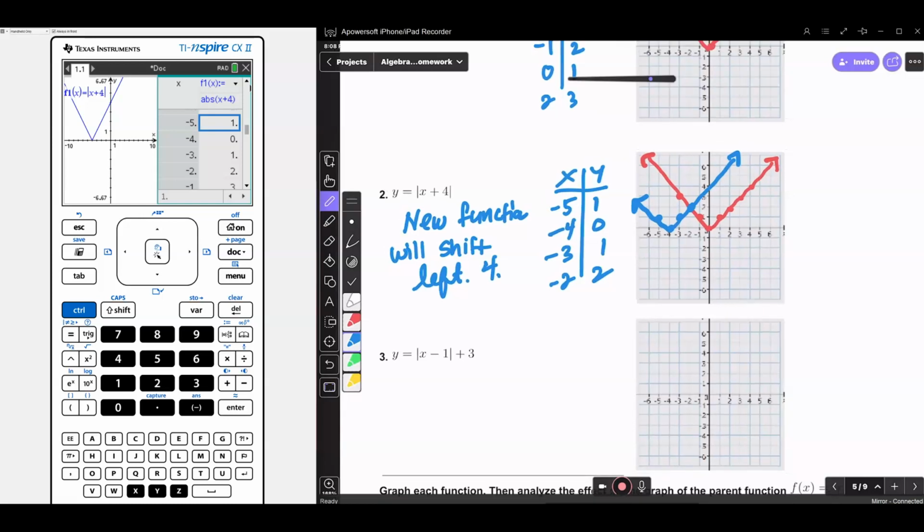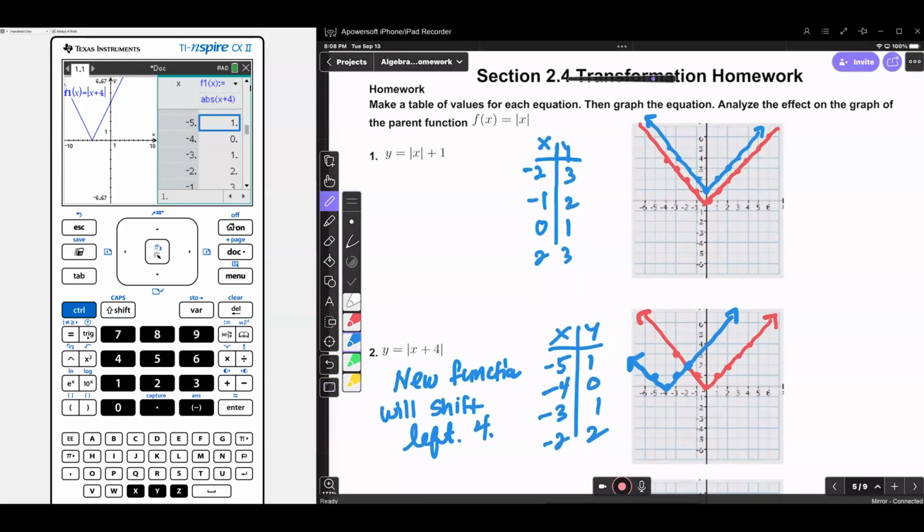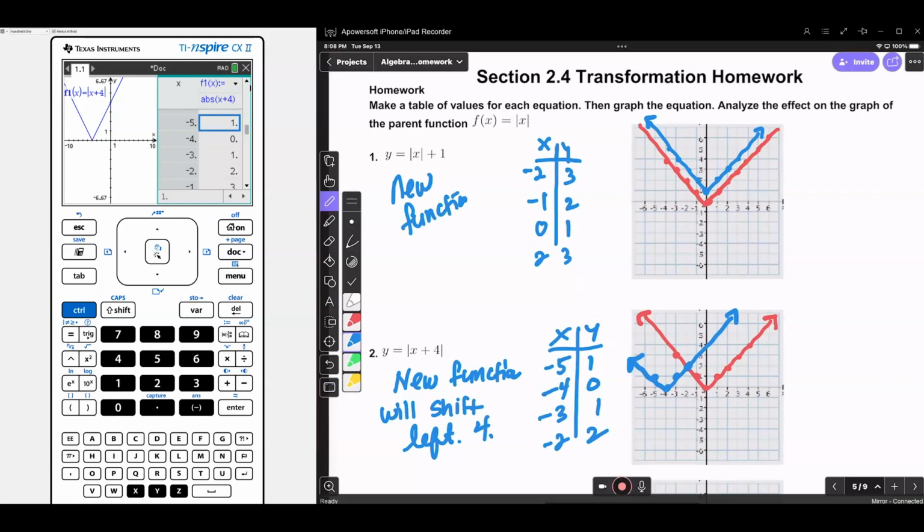So in the case of the other example, it shifted 1 unit up, right? So I'm going to write new function shifted 1 unit up. Okay? So those are the two problems that I wanted to go over with you.